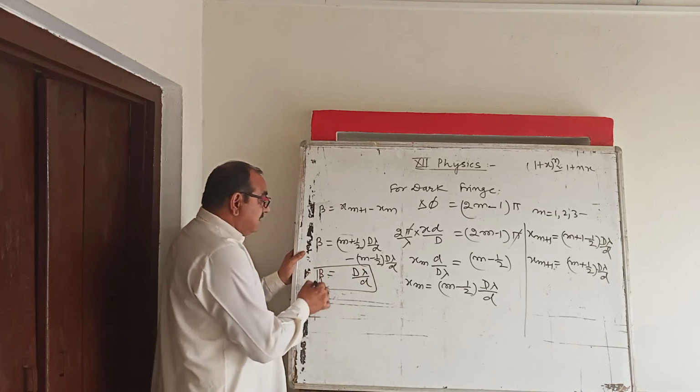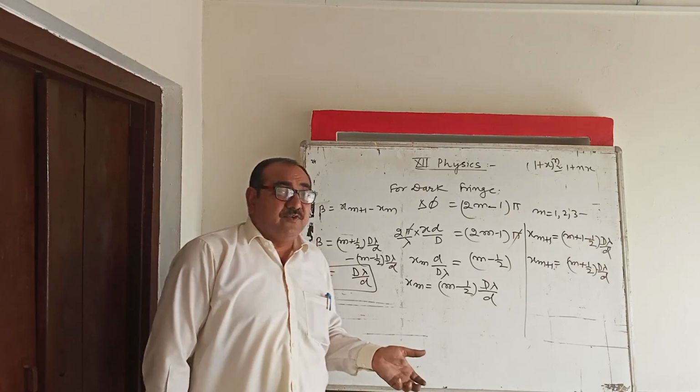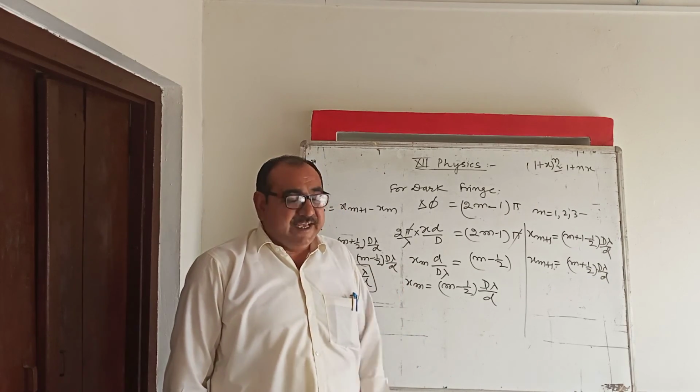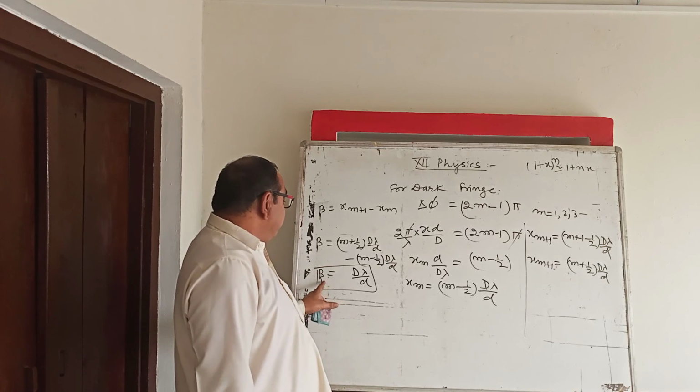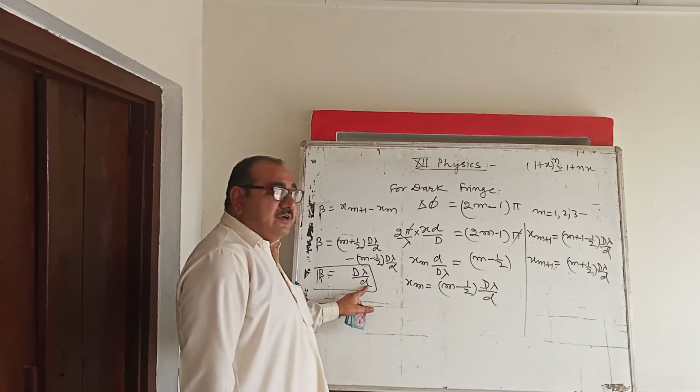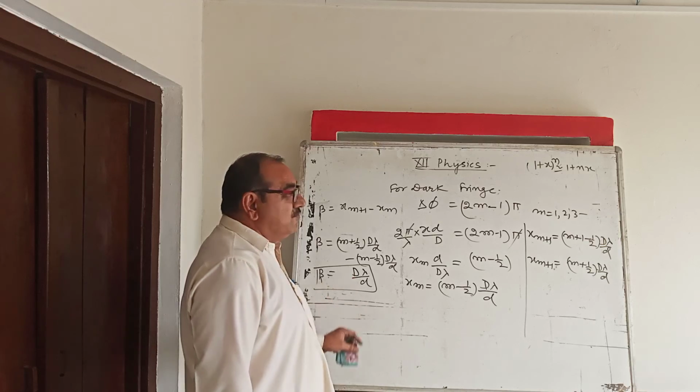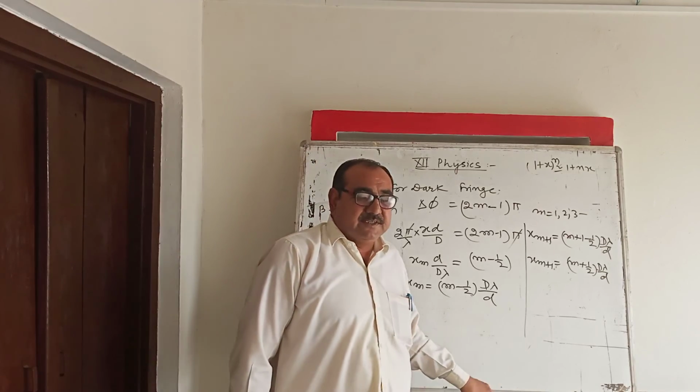You see here that the fringe width for dark and bright fringe is the same, and it is generally called fringe width equal to d lambda upon d. This is the formula for the fringe width.